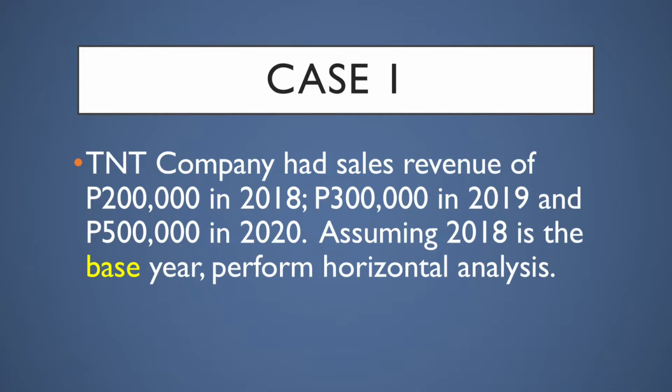TNT Company had sales revenue of 200,000 in 2018, 300,000 in 2019, and 500,000 in 2020. Assuming 2018 is the base year, perform horizontal analysis. How are we going to perform horizontal analysis?